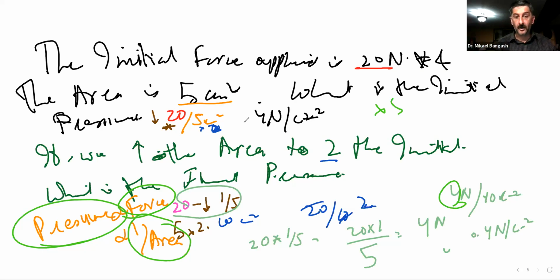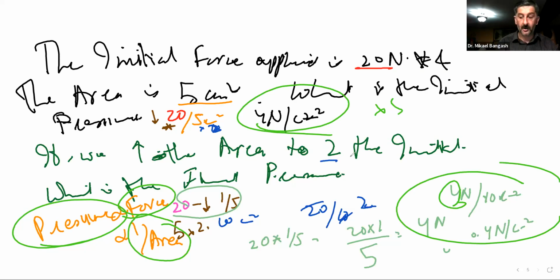Right? It says to compare the initial pressure to what your final calculation gets to.